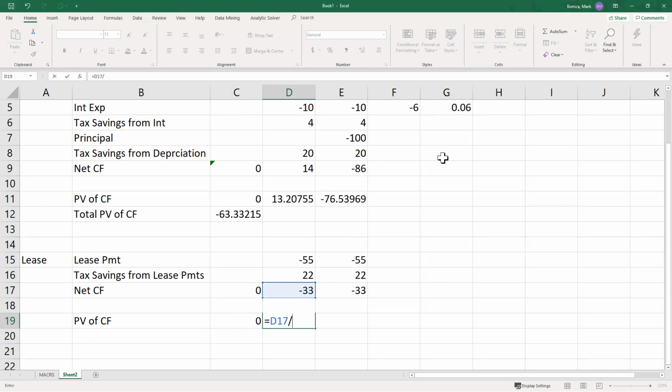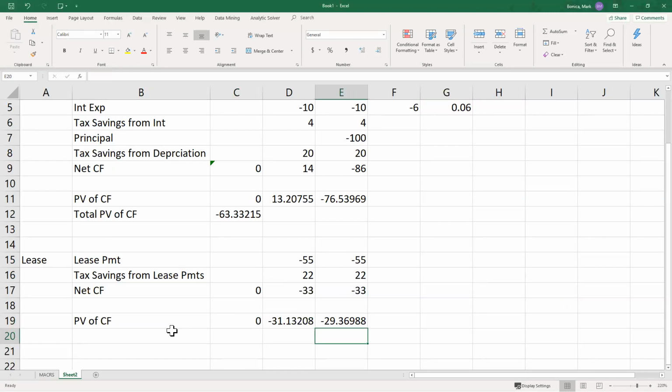And we said the discount rate is going to be 6%, so 1 plus 6%. And then the second cash flow happens at the end of the second year. So I'm going to take the second cash flow divided by 1 plus the discount rate raised to the second power, because this one's being brought back 2 years as opposed to 1 year.